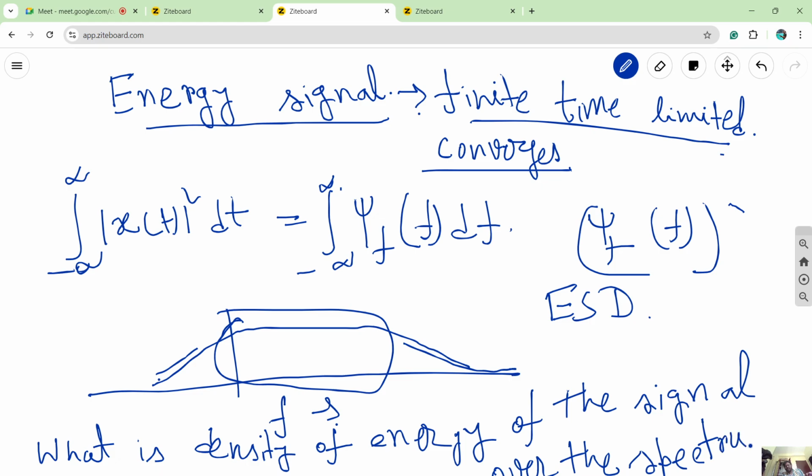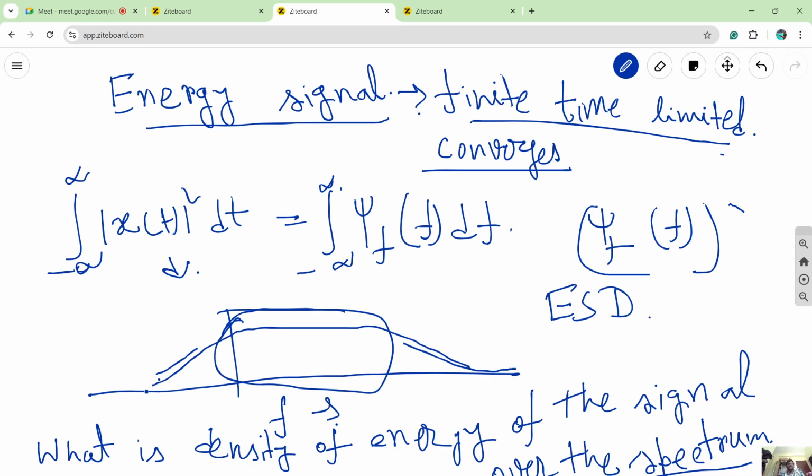You can think how much energy is distributed over the frequency domain for this particular signal, or which frequency component carries how much energy density. But it is a continuous parameter, so it is a density.